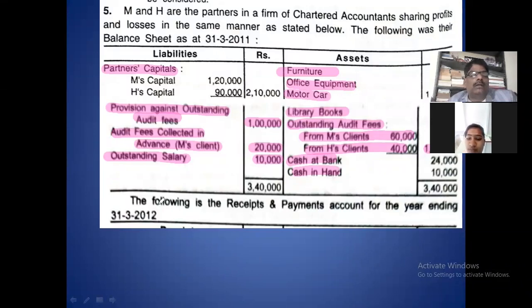Then you see the next, the following receipt and payment account is given to you.